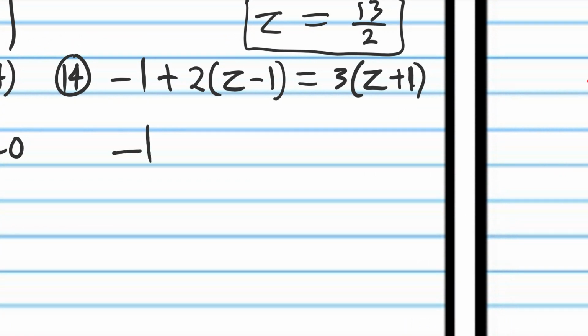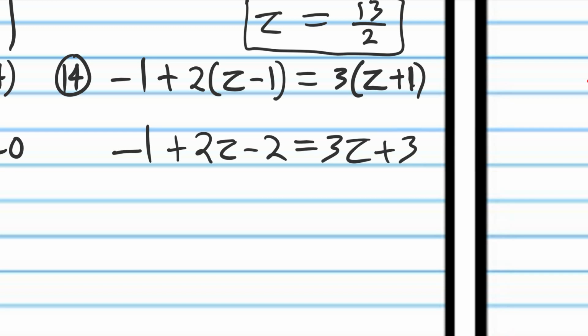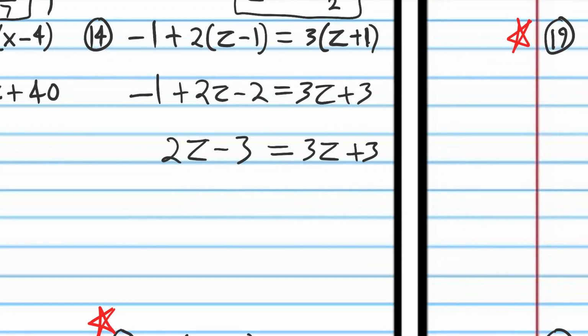All right, we're back. Negative 1 plus negative 2, or negative 1 minus 2, same thing, is negative 3. And subtract 2z from both sides, and we get z.